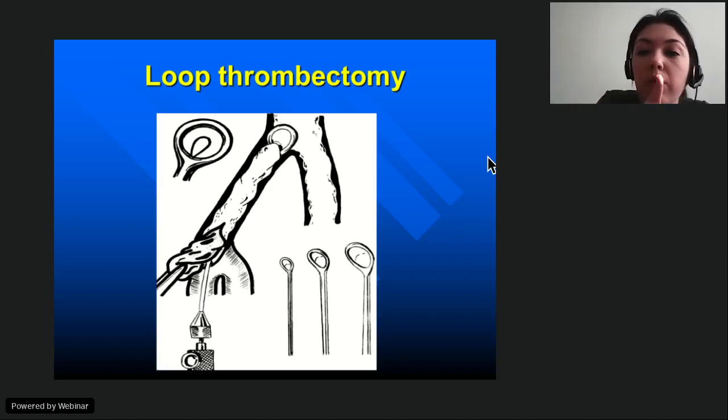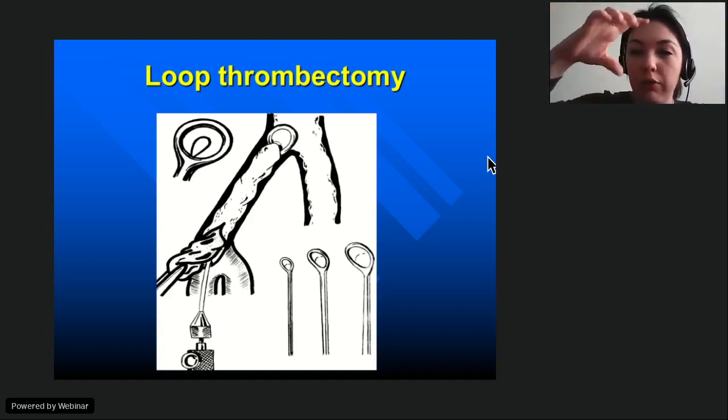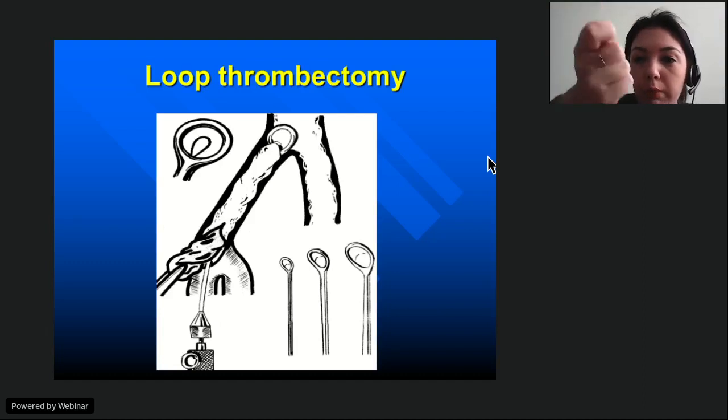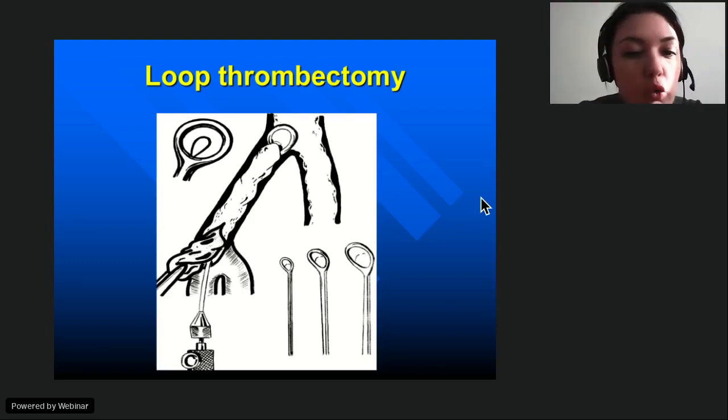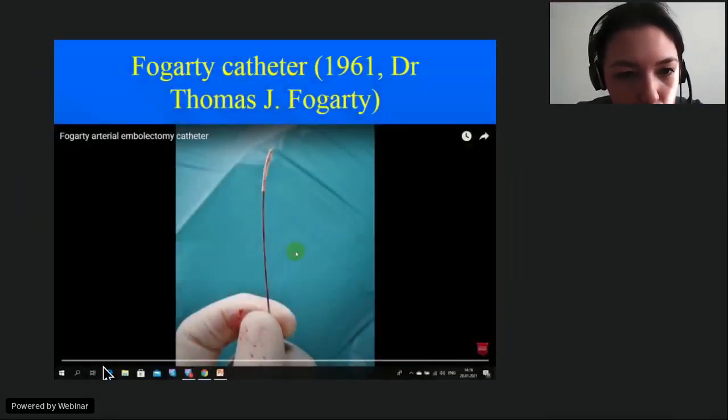With that needle, we pass through the clot, and when we reach the end of the clot, we open this loop, or we open this Fogarty catheter, and it expands, it inflates, and then we pull it back, and together with this catheter, the clot is also pulled back.